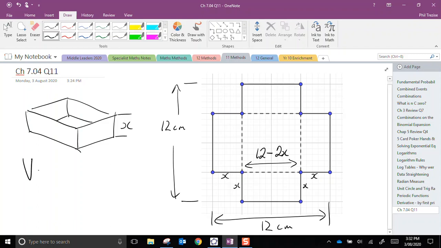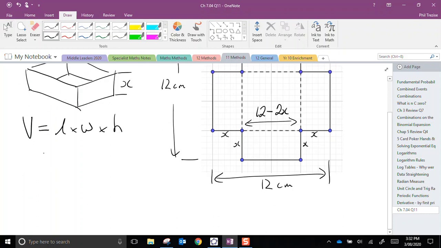So what's the volume of my box? Well, it's the length of the base by the width of the base by the height of the box. And we just worked out that the length was 12 take 2x, and the width was 12 take 2x, and the height was x.